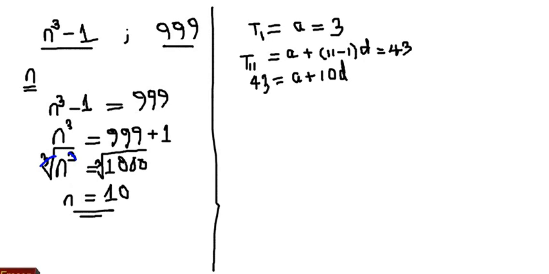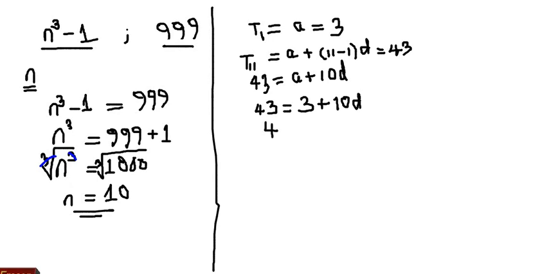And since our a is 3, the equation will be 43 is equal to 3 plus 10d, and we are solving for the common difference d.